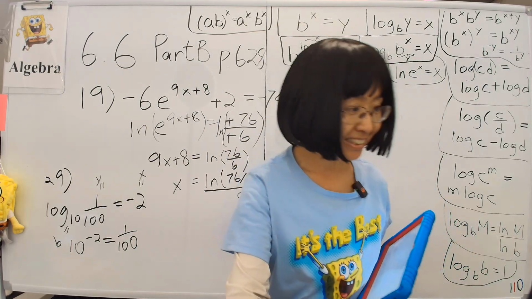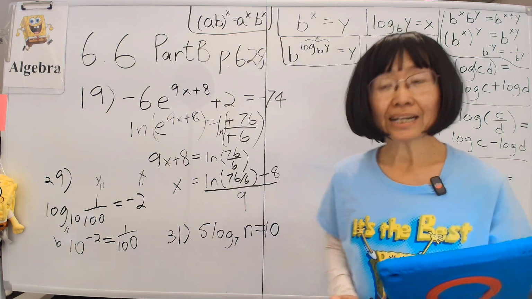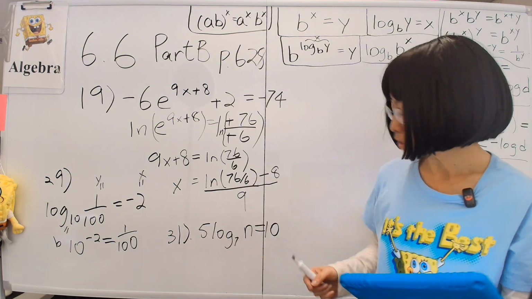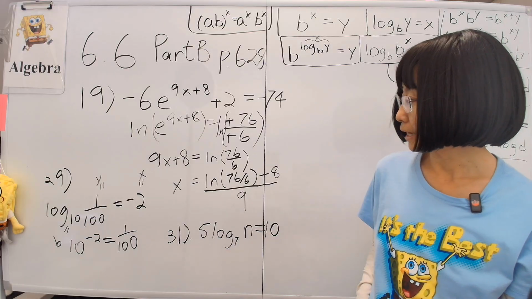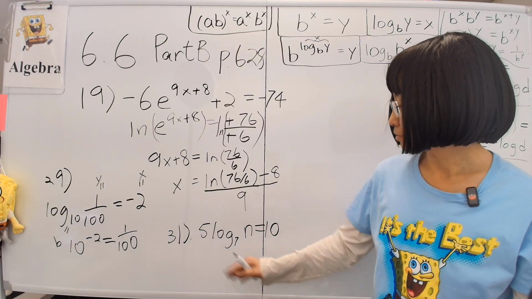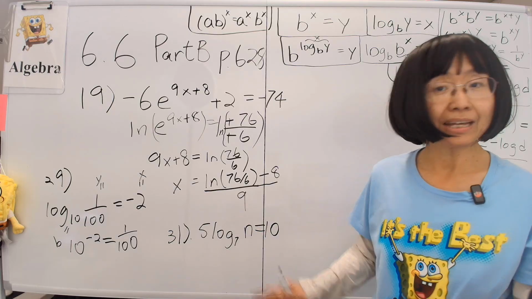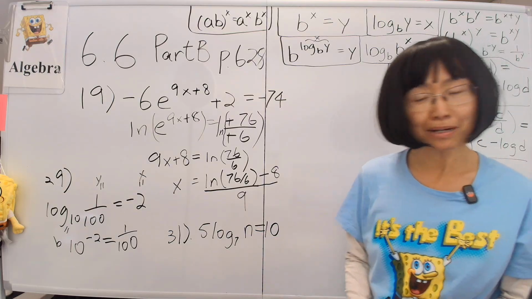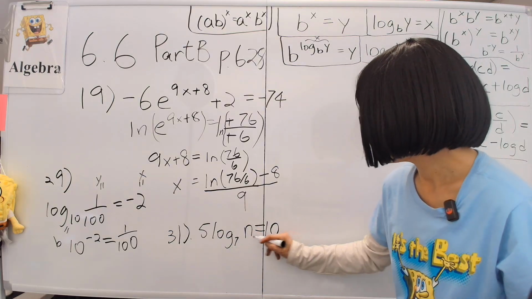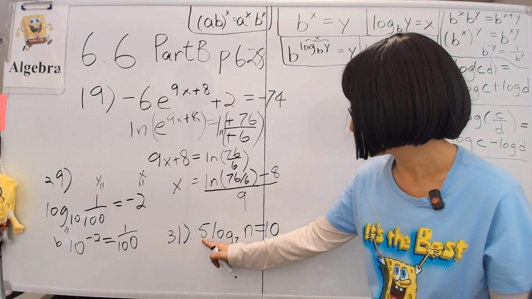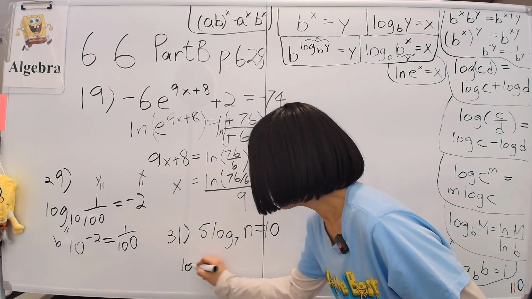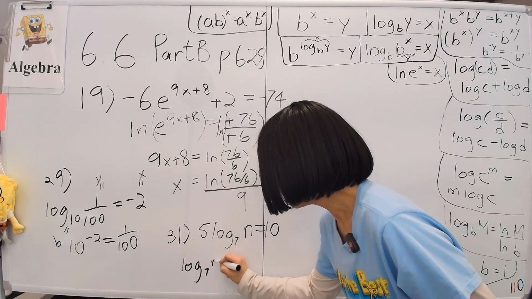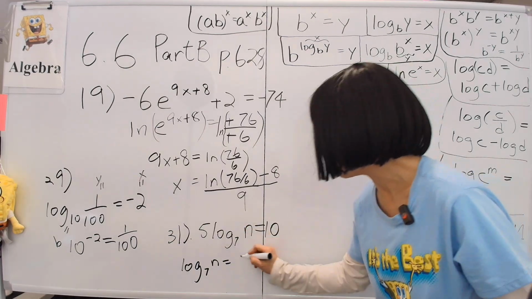All right, so next. Let's look at problem 31. We have 5 times log base 7 of n equals 10. So to solve for n, again, n is like the new x in this problem. To solve for n, we will first divide by the 5. So we have log base 7 of n equals 10 divided by 5, which is 2.